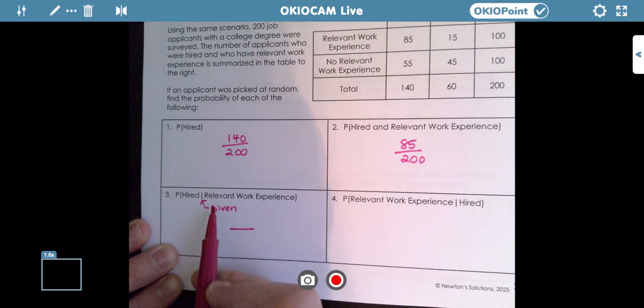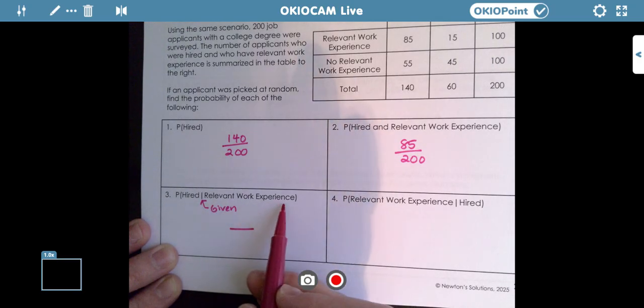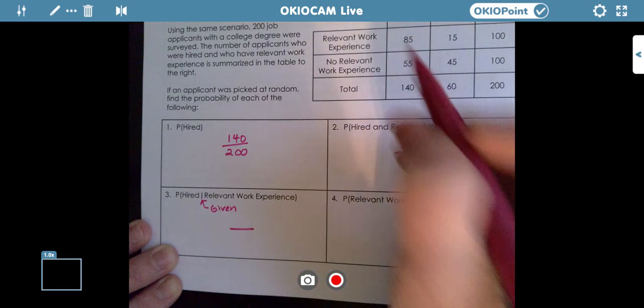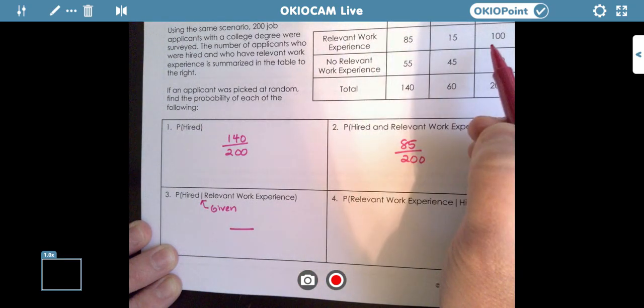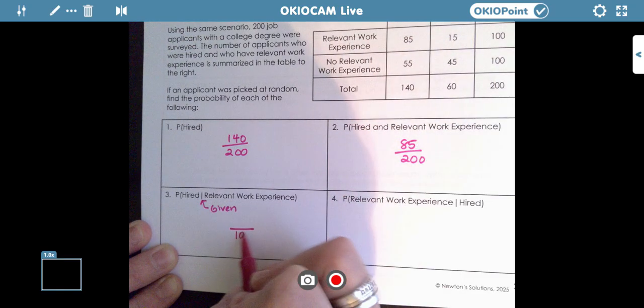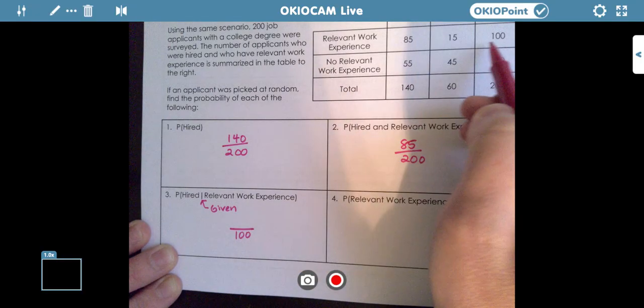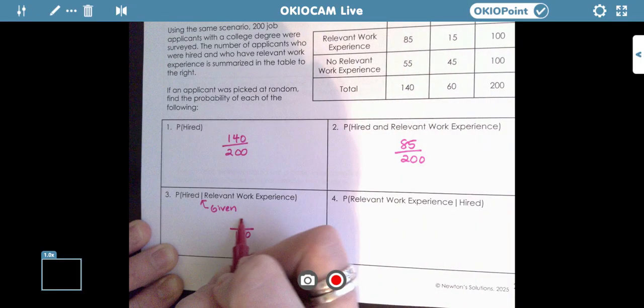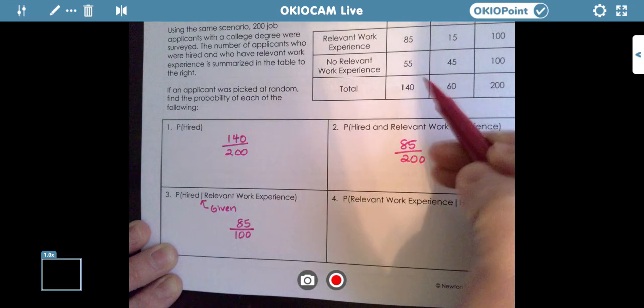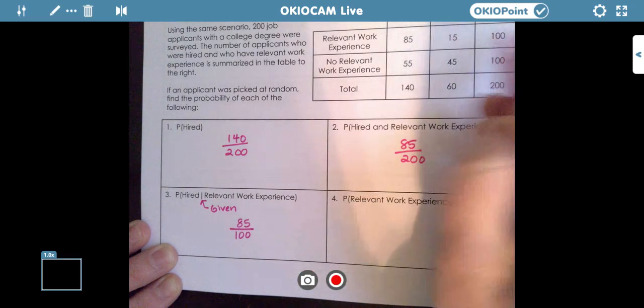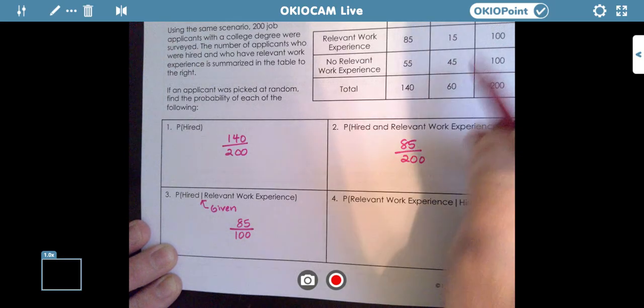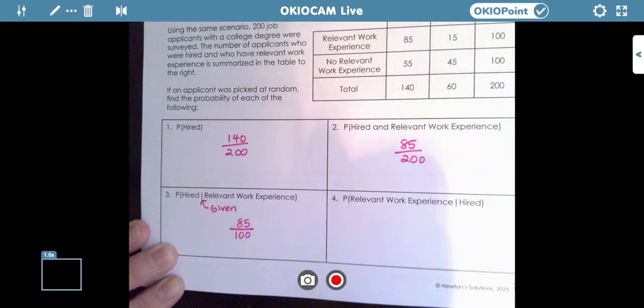I want to know the total who had relevant work experience for the denominator. The relevant work experience total over here is 100. And out of those, who got hired was 85. So once you find the correct total, you need to follow that row or column, if it's not the grand total, to find the top part, the numerator, for what you're looking for.